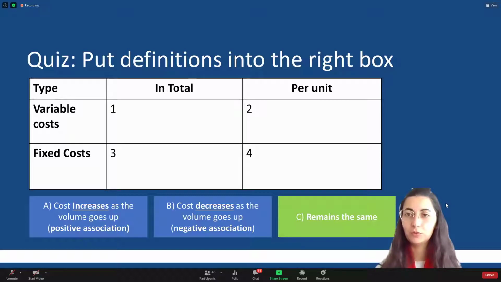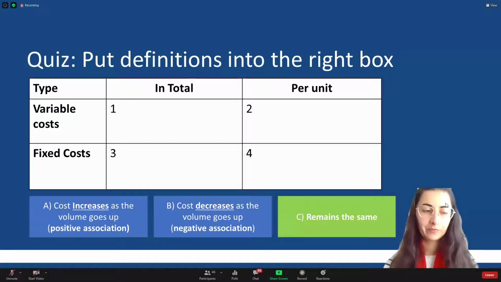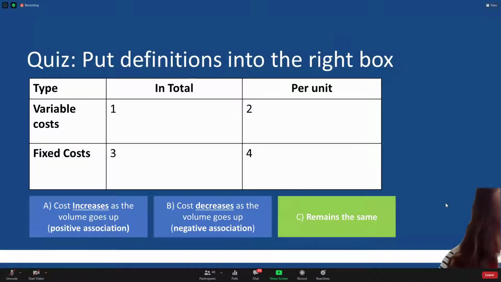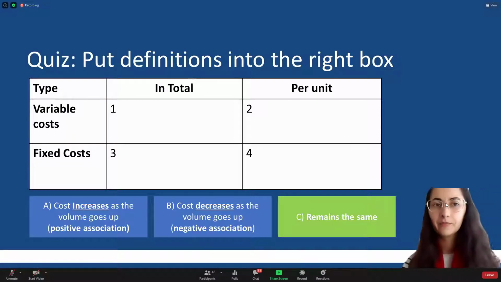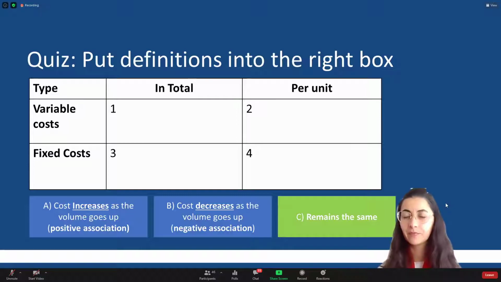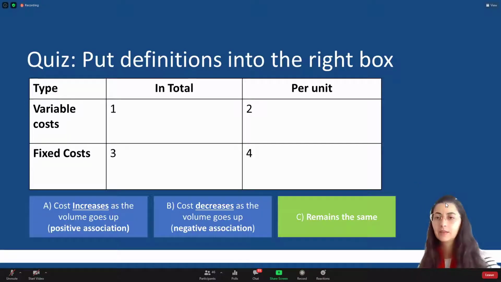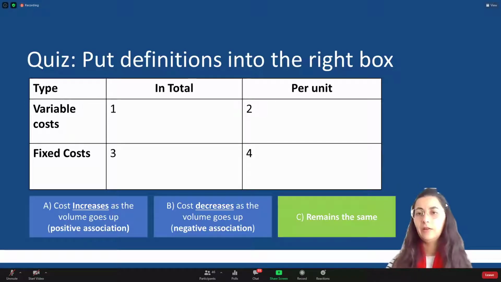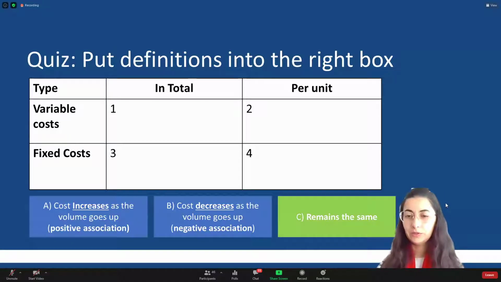So let's try to vote quickly in the next few seconds. So we just need to put the boxes A, B, and C in the squares that we have, 1, 2, 3, and 4. Okay, everyone, I will close the poll quickly. Let's finish your votes.